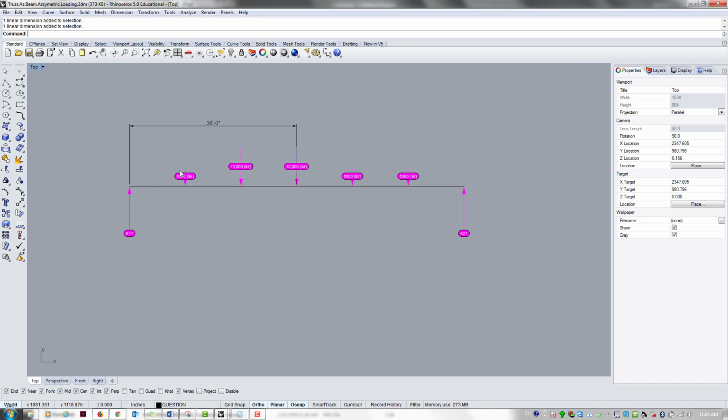Right, basically distance times force, distance times force, etc., from the left side. So if you keep doing the calculation, in this case, you know, 5,000 times 12, this times 24, this times 36, this times 48, this times 60, this times 70.